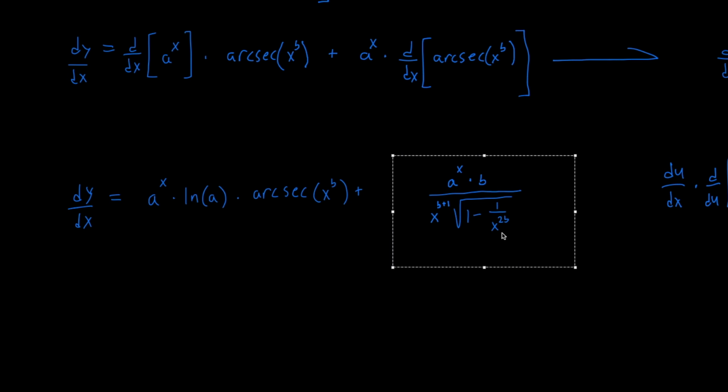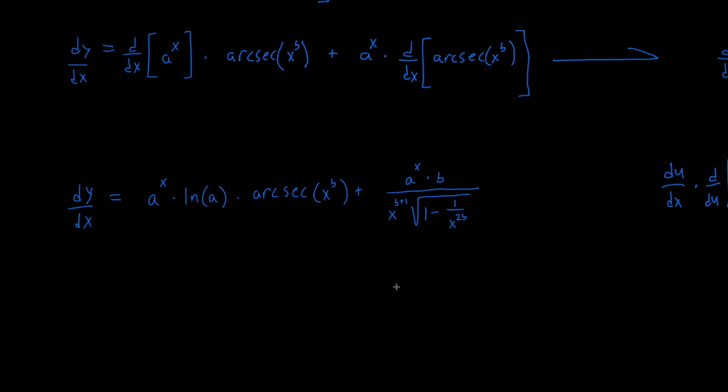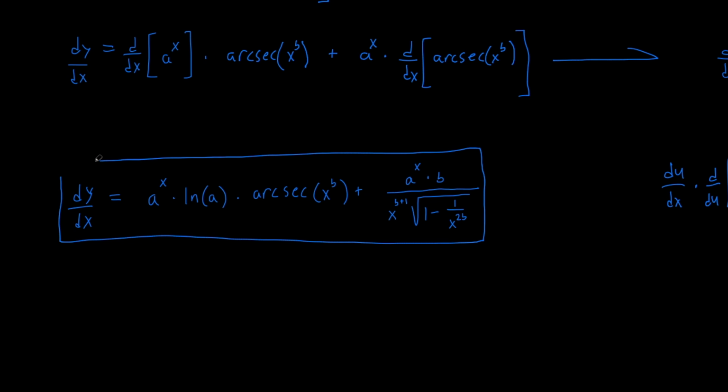Bring these things together. And it looks like we're about done. So here we go. This is the derivative of a to the x times arcsecant of x to the b, where a and b are constants.